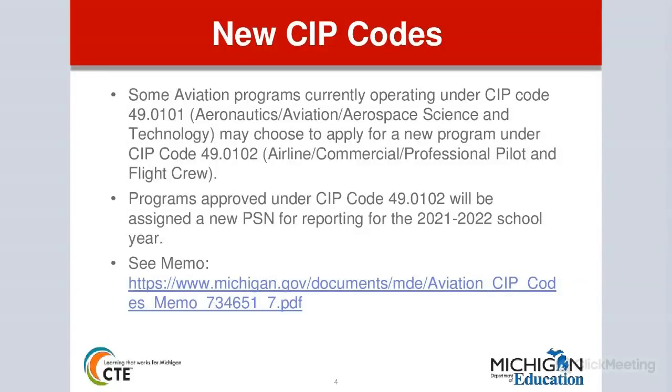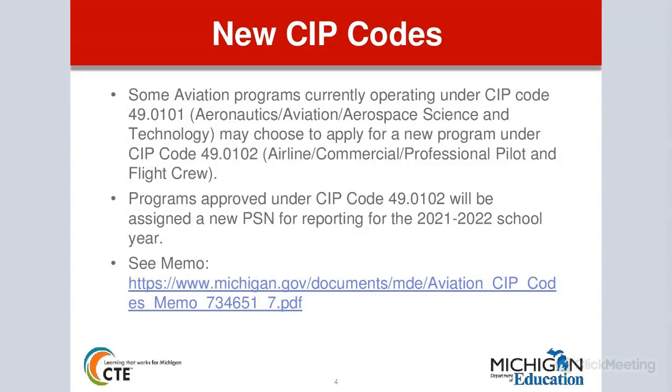For the new zip codes for 2021-2022, there are some aviation programs currently operating under zip code 49.0101. These programs may choose to apply for a new program under zip code 49.0102.